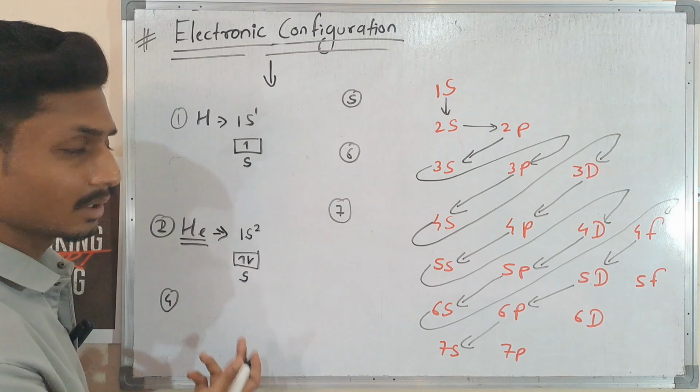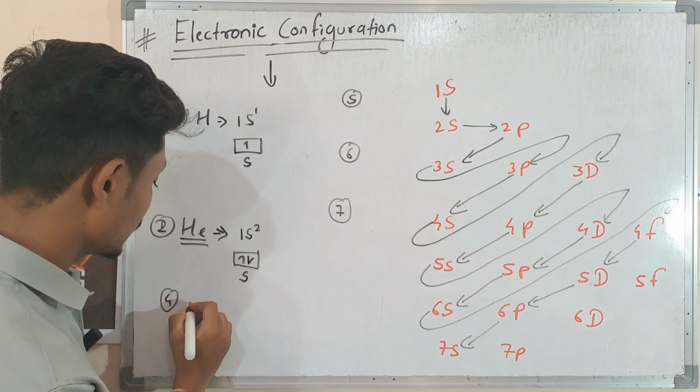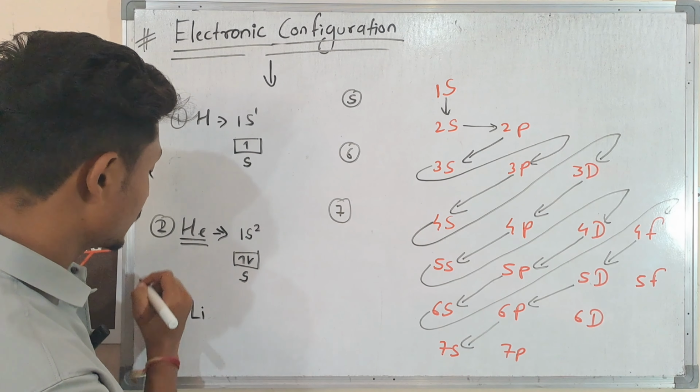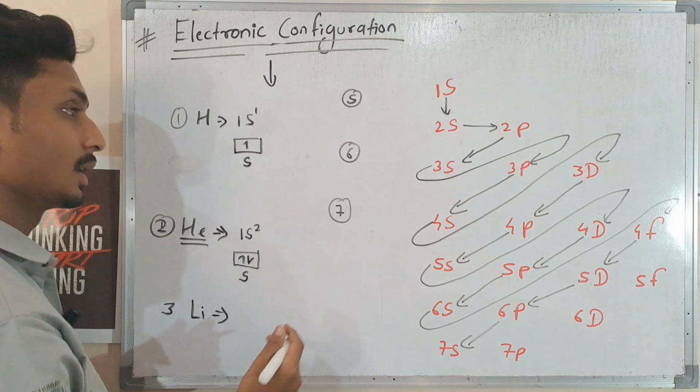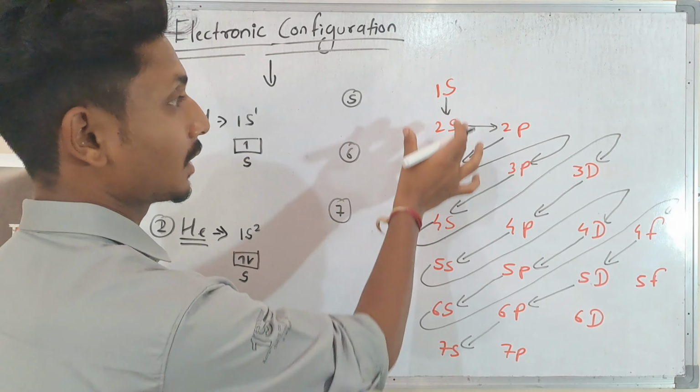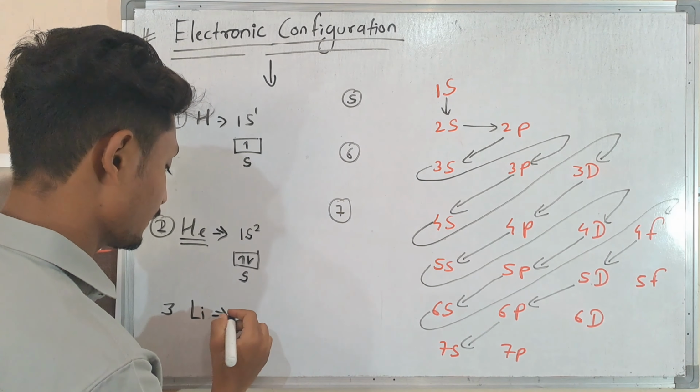Then another example: lithium. Lithium's atomic number is 3, and we have to fill electrons from lower energy to higher energy.